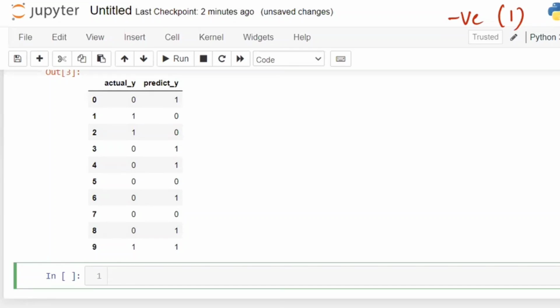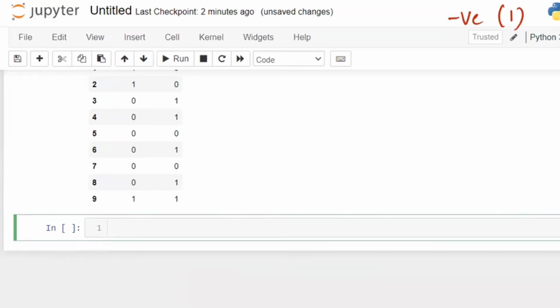Done? So, from sklearn.metrics import accuracy_score.